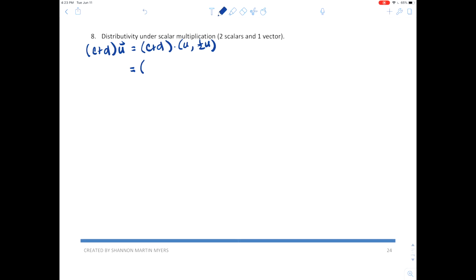So, when we bring the C plus D scalar in, we'll have C plus D times U as the first component, and then we'll have C plus D times 1/2 U, the second component. And that was just our definition of vector scalar multiplication.